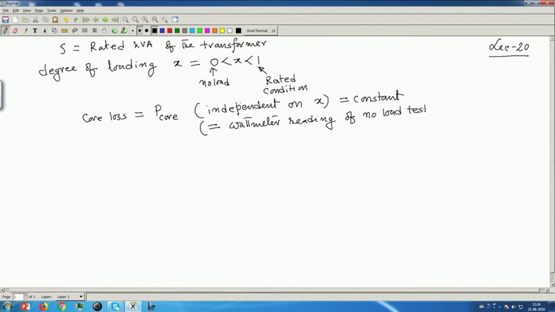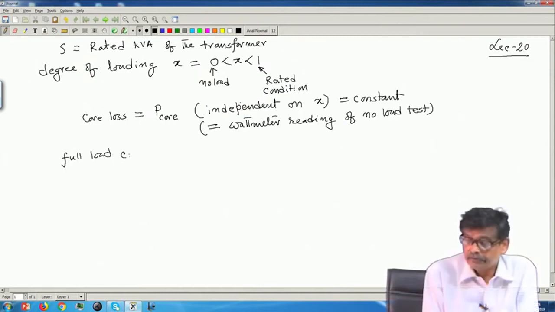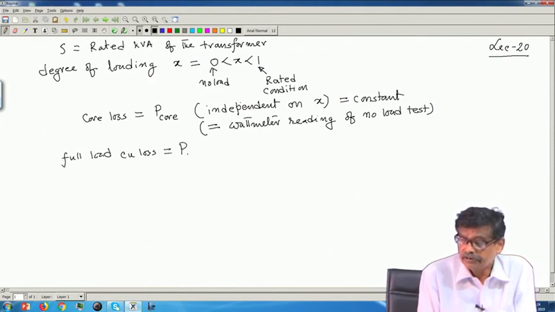So this value is known. Then I defined the full load copper loss, with the notation PCU full load.